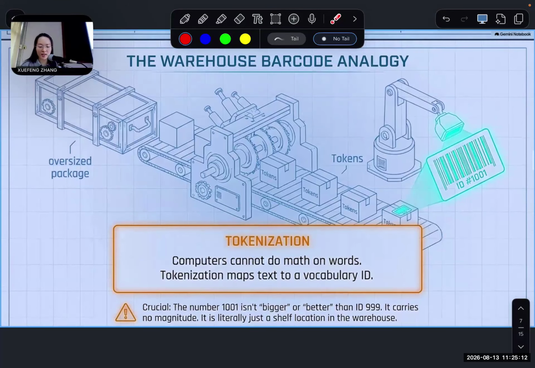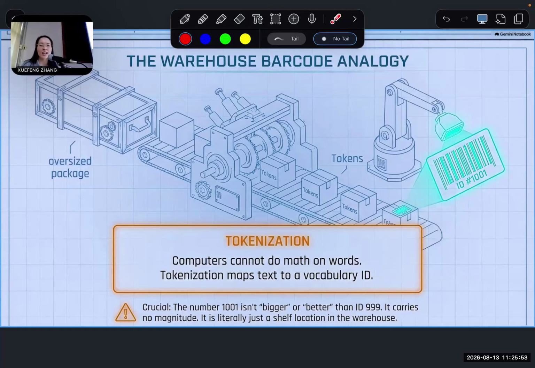Okay, here, let's see, suppose this is the warehouse. And this slide explains why tokenize is necessary. So that's why you hear about tokenize nowadays. Computers cannot do math directly on words. Bangkok isn't a number, right? So the first step of the assembly line converts each word into a vocabulary ID, just like a warehouse barcode, okay?